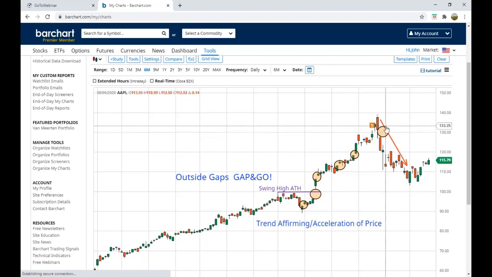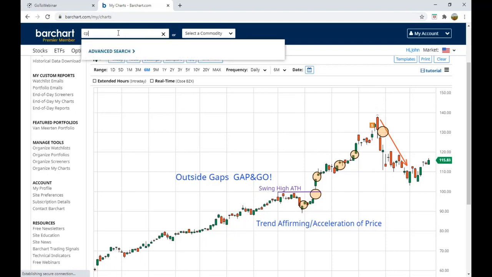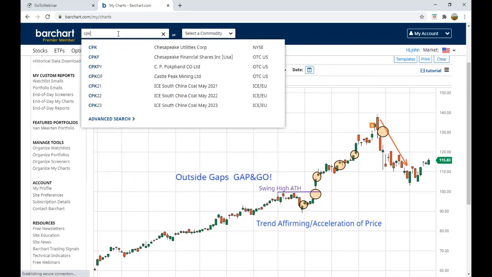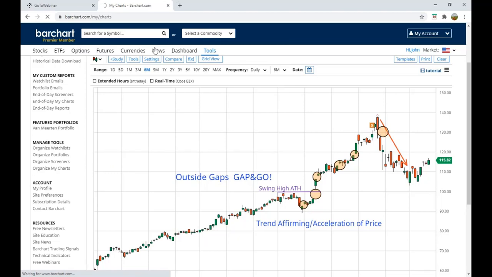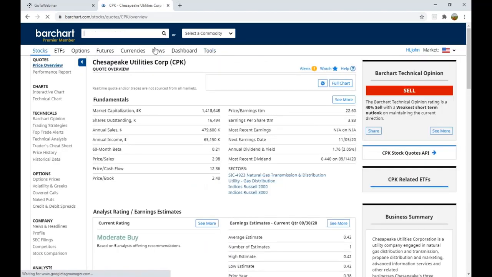The trend stopped going up, reversal gap, and price backed off. Now, let me show you another example of this. This is Chesapeake Utilities.